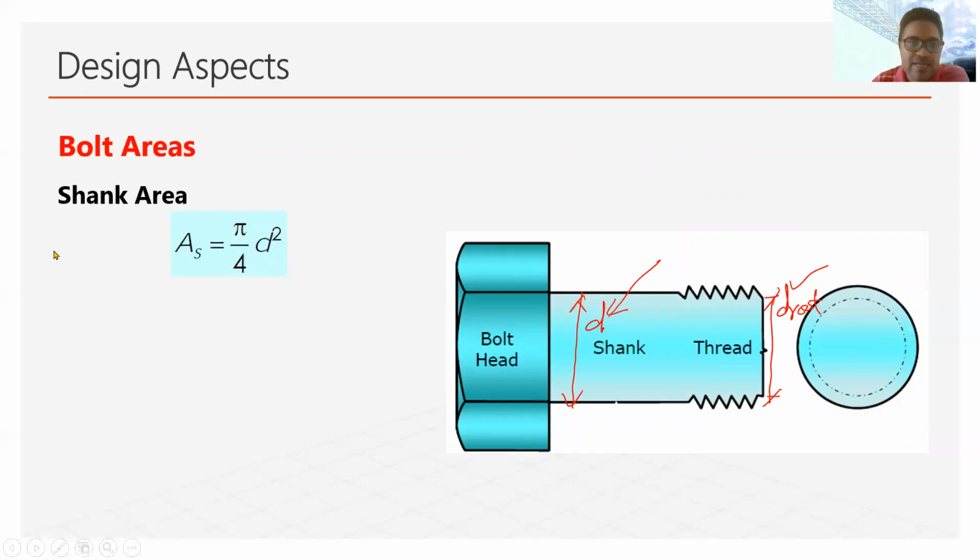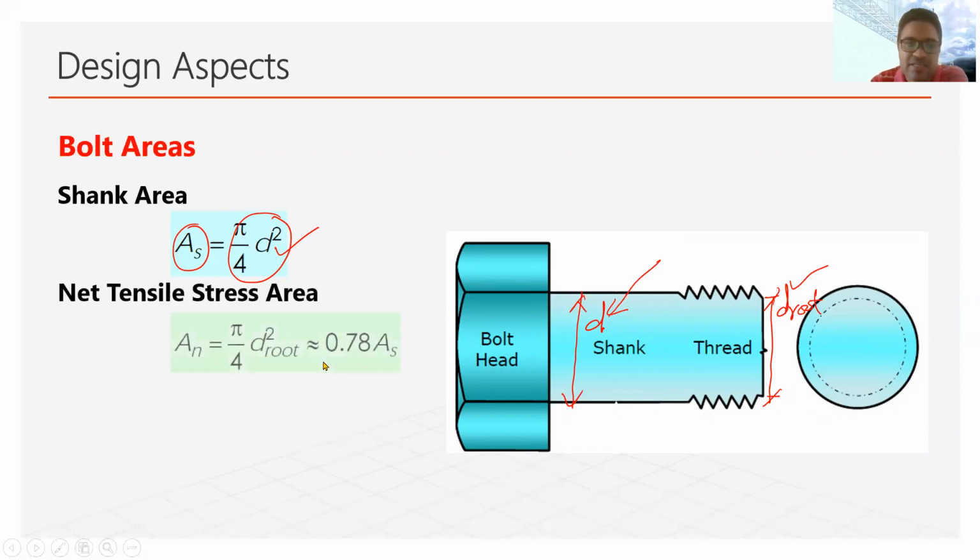So AS here means the gross area. So gross area can be calculated using this. D here is the dia of the shank or nominal dia of the bolt. Similarly, to calculate the net tensile stress area, we will use D root in place of D to calculate the net effective area or net tensile area. So this area, this AN, is approximately equal to 0.78 times AS.